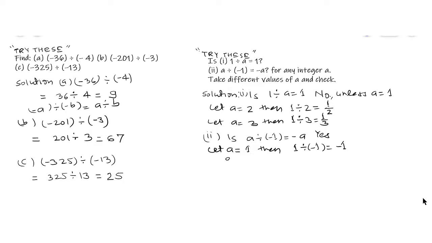Then we put a equal to 2, then 2 divided by minus 1 equal to minus 2. Let a be minus 5, then minus 5 divided by minus 1 equal to 5. If a is minus 5, then plus 5 is minus a.